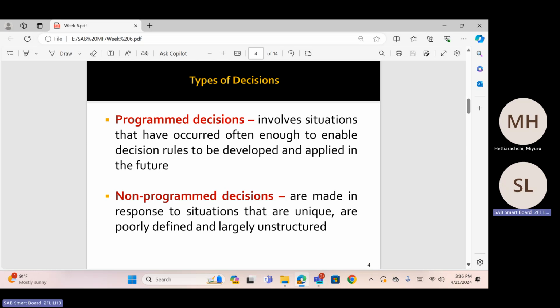Right. Then what kind of information system should managers use to make long-term decisions or strategic decisions, unstructured decisions? Executive information systems or executive support systems, EIS or ESS.